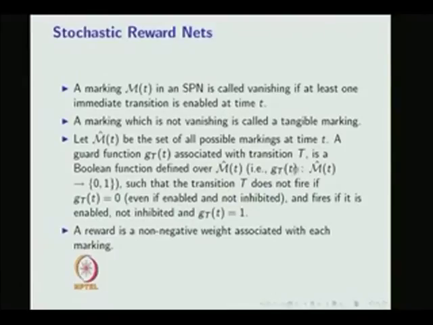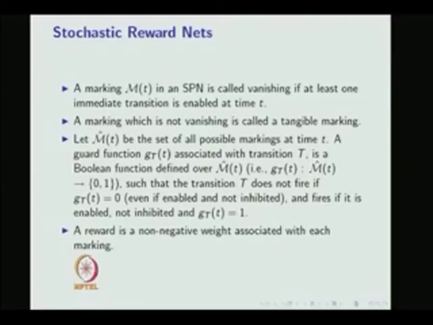A marking M of t in a stochastic Petri net is called vanishing if at least one immediate transition is enabled at time t. A marking which is not vanishing is called a tangible marking. Let M bar of t be the set of all possible markings at time t.